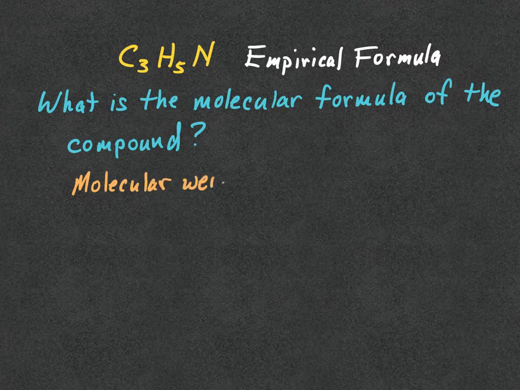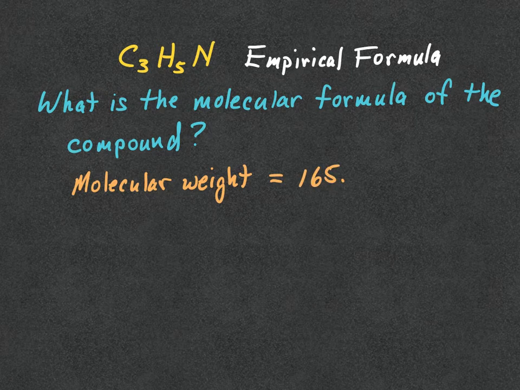So let's assume that someone took this compound and submitted it for mass spectrum analysis to determine the mass and found out that the molecular weight of our compound is 165.24 atomic mass units.